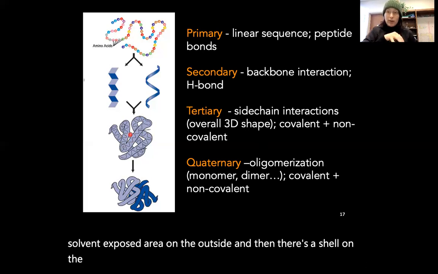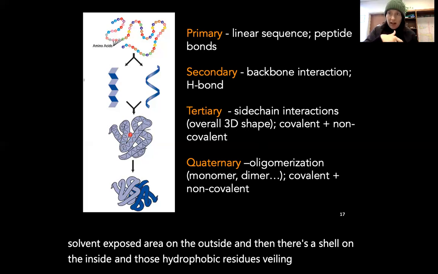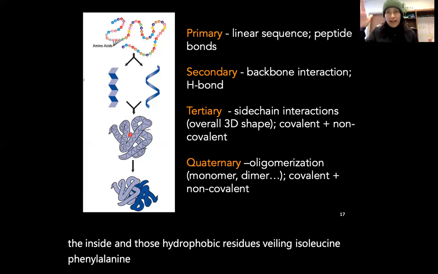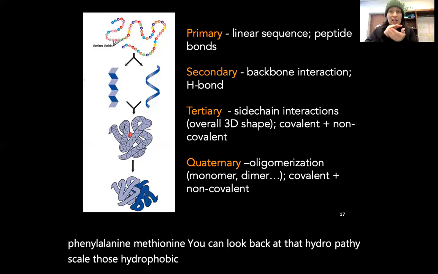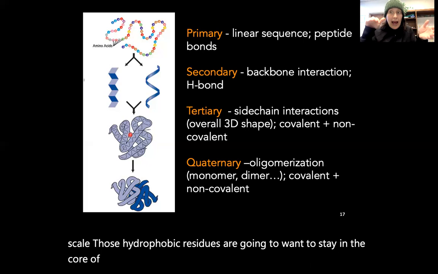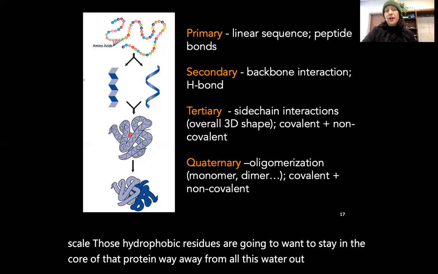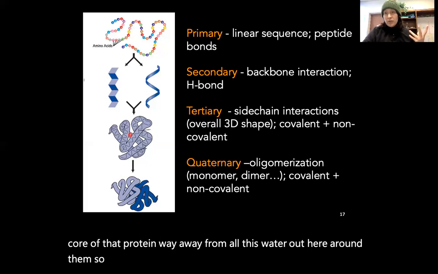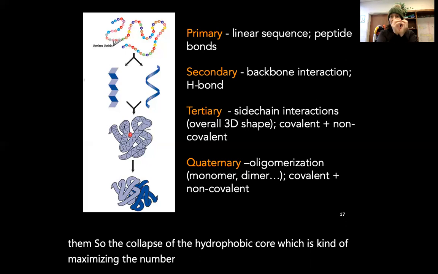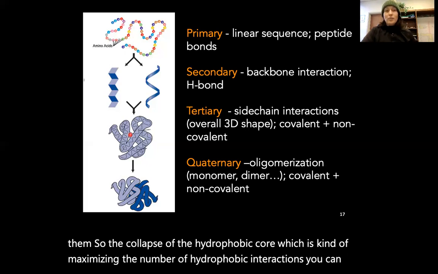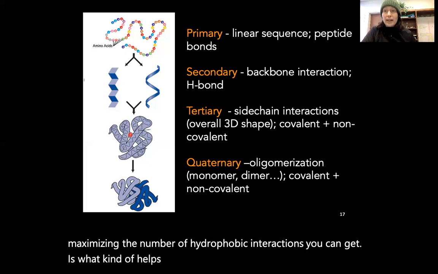And those hydrophobic residues, valine, isoleucine, phenylalanine, methionine, you can look back at that hydropathy scale, those hydrophobic residues are going to want to stay in the core of that protein, way away from all this water out here around them. So the collapse of the hydrophobic core, which is maximizing the number of hydrophobic interactions you can get, is what helps drive that proper folding.